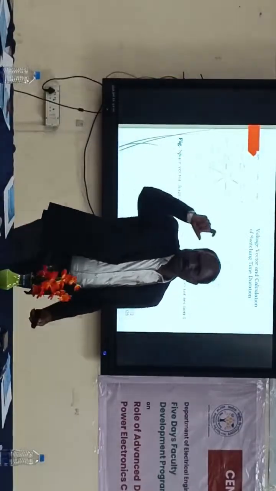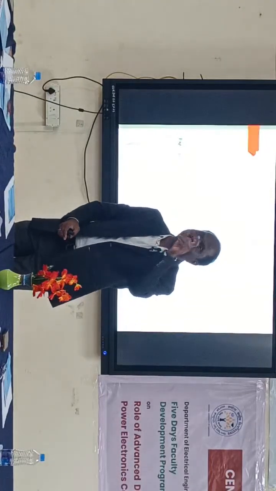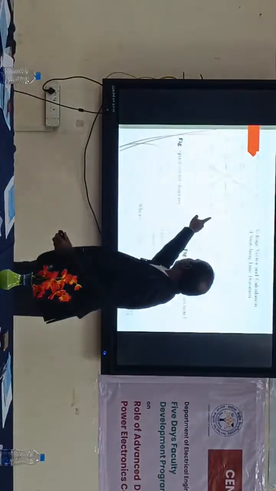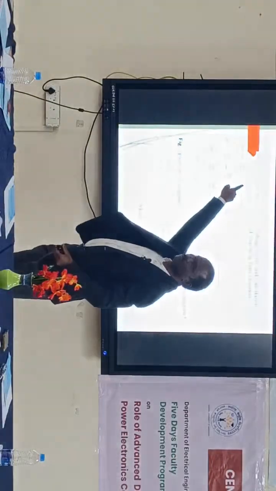For example, PNN, top, bottom. So what is the reference? VDC by 2 minus VDC by 2 e power j2 pi by 3 minus VDC by 2 e power minus j2 pi by 3. That will give you VDC at an angle of 0. So that vector is nothing but PNN, VDC at an angle of 0. PPO. PPO means top two, middle.